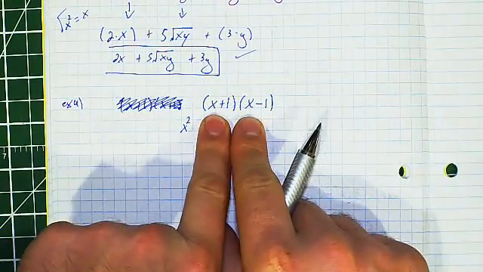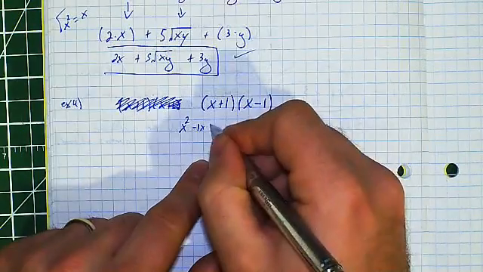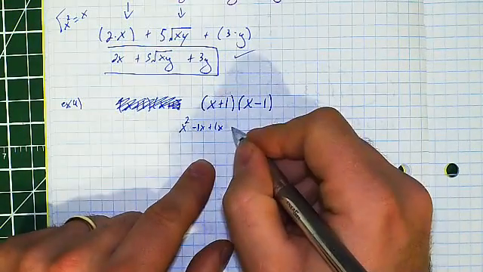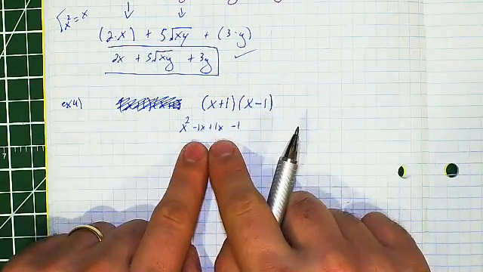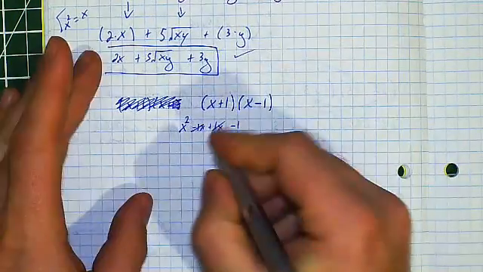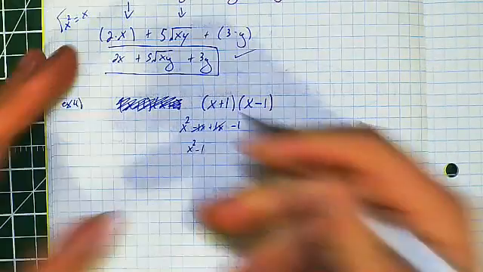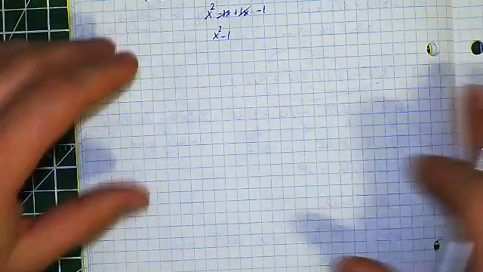So x times x is going to give us x squared. X times negative 1 is negative 1x. 1 times x is positive 1x. And then 1 times negative 1 is negative 1. Basically what happens is, if one's positive, one's negative, we understand that these are going to cancel out. And you're left with x squared minus 1.